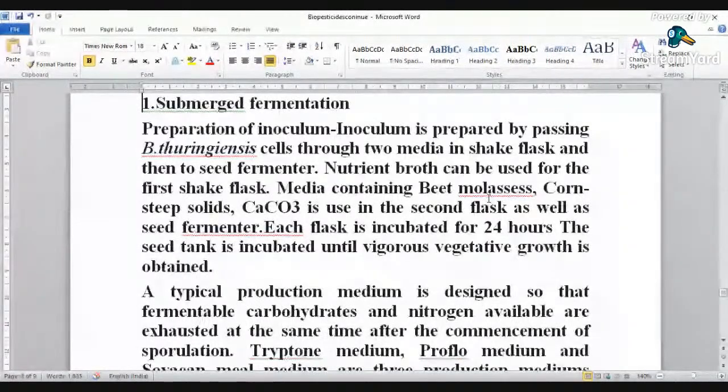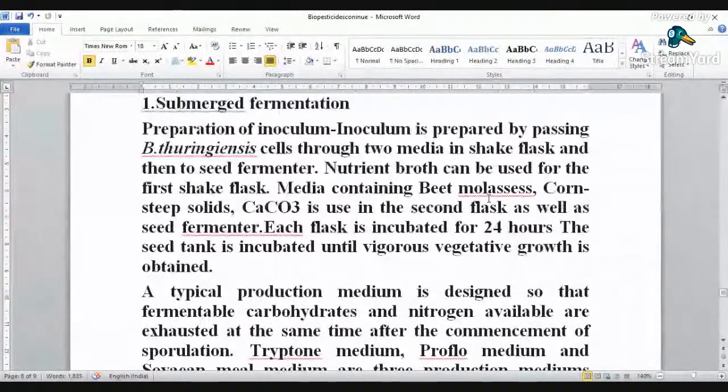Grow it until vigorous vegetative growth comes. Otherwise, if that is not possible, you can combine the culture from both flasks, from the nutrient medium flask and from the beet molasses flask, the second flask, and inoculate into the seed tank.